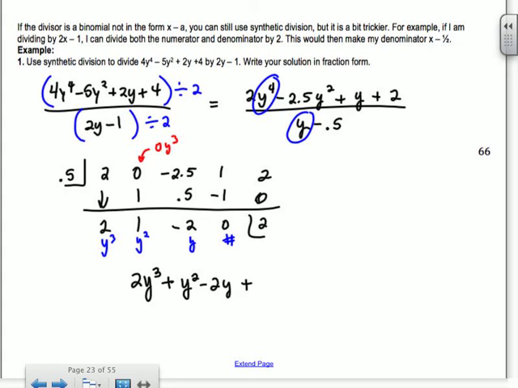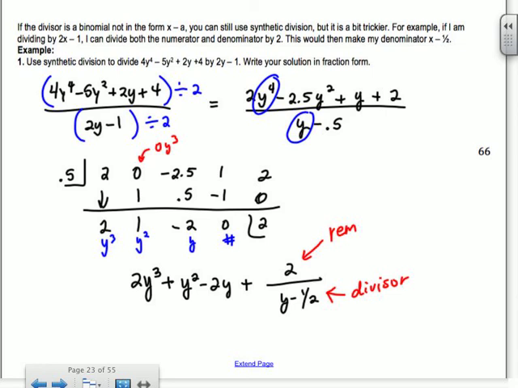And then plus, remember your fraction form is always your remainder over your divisor. Okay, do you guys think you would leave it as 2 over y minus 1/2? No, why? What's weird about that?